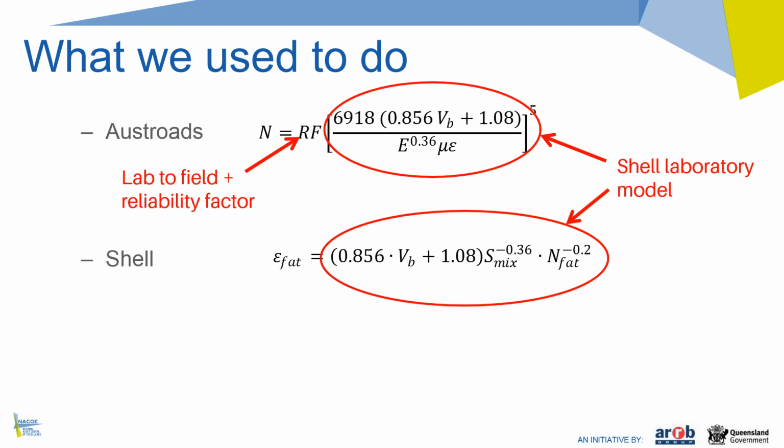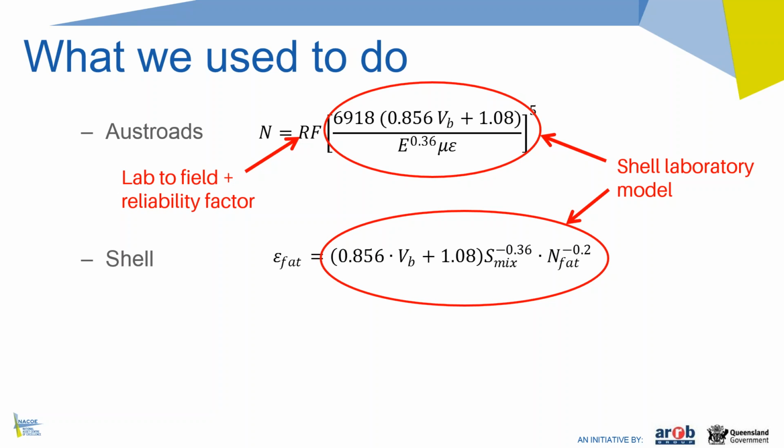So what we're proposing is to replace the Shell laboratory model with mix-specific laboratory models, determined in the exact same way, and then shift that laboratory performance to field performance using the same RF function that we have now.